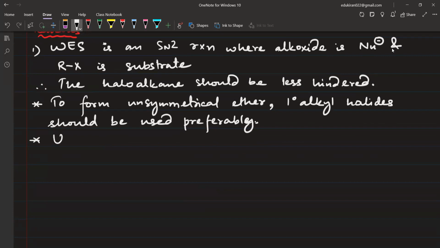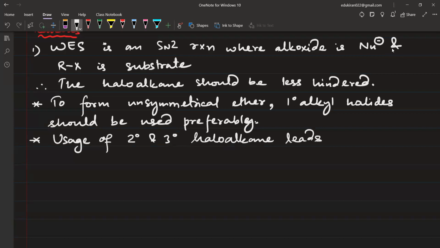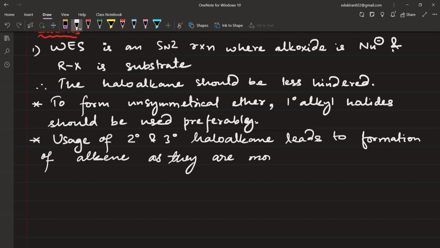Why? Write this next. Usage of 2 degree and 3 degree alkyl halides leads to the formation of alkene as they are more hindered.